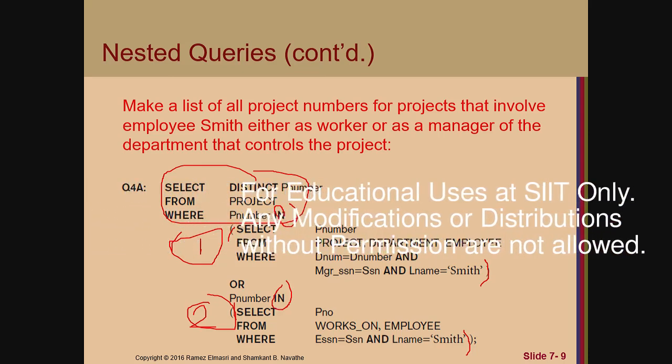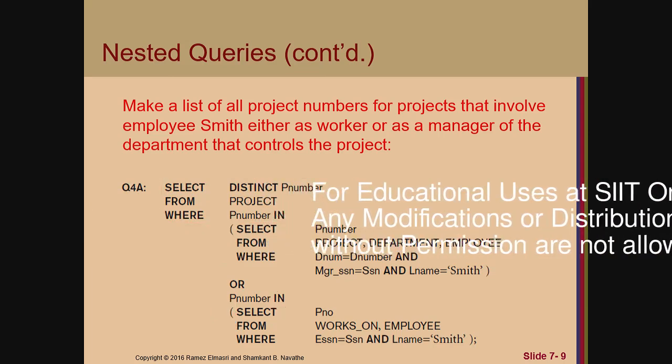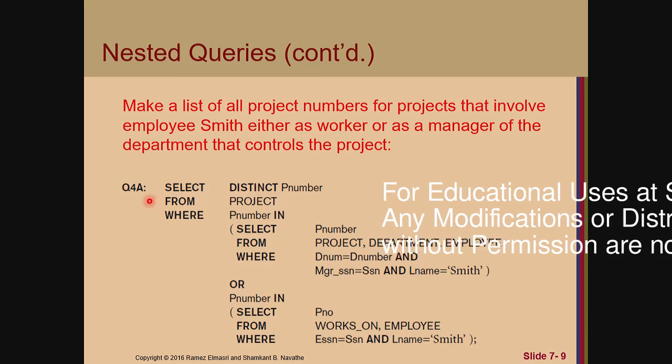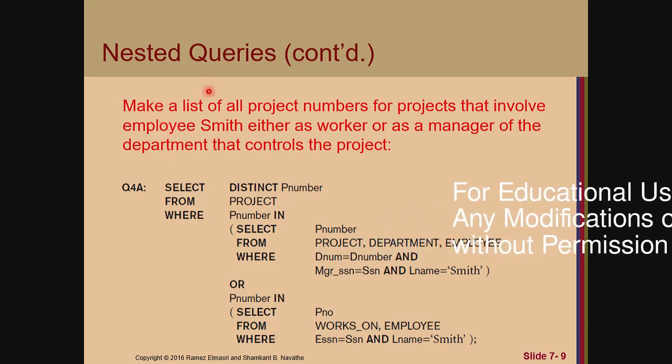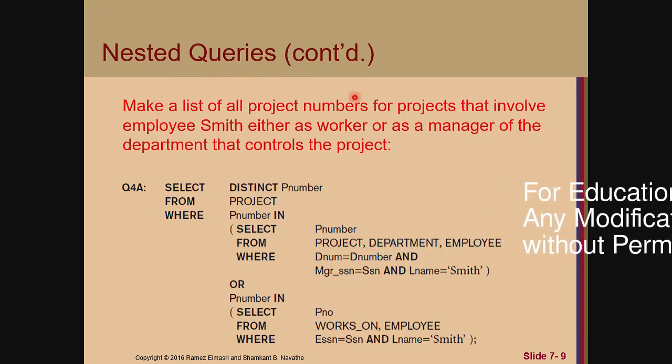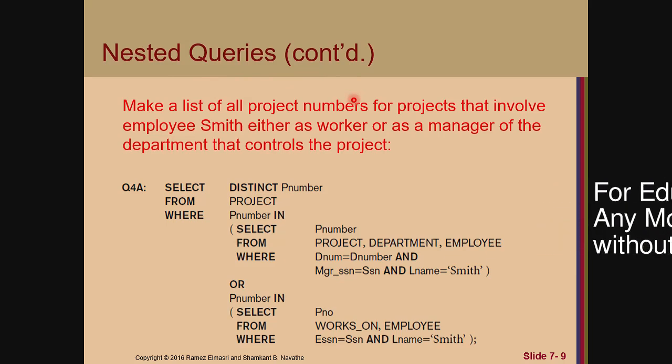What we are going to query is: make a list of all project numbers for projects that involve employee Smith, Mr. Smith or Mrs. Smith, either as a worker or as a manager of the department that controls the project.